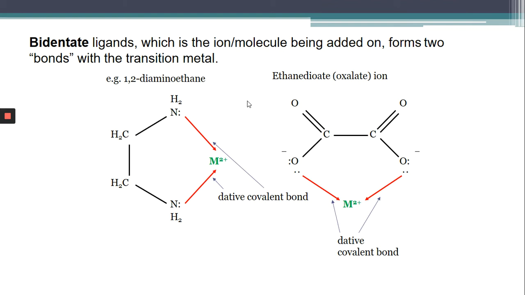So this is an example of a bidentate ligand, because both of them are. If we look here, we've got our nitrogen with its lone pair, which is going to form one dative covalent bond there, and then we've got our second nitrogen with a lone pair forming the second dative covalent bond. Over on the oxalate ion, we have got our oxygens with a negative charge.